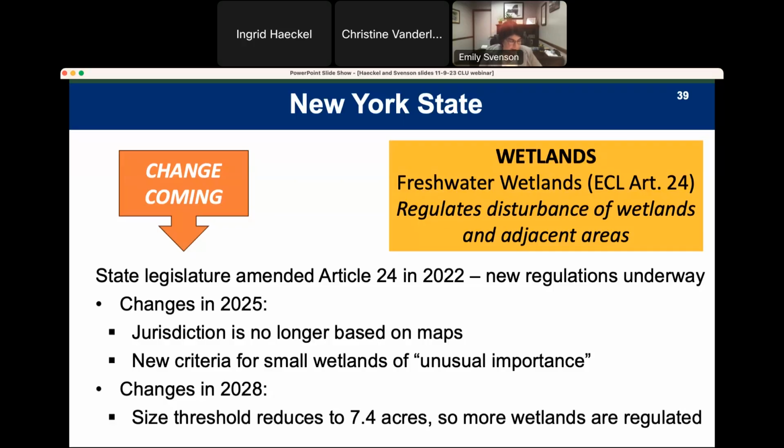In fact, they're going to be putting effort into improving the available maps, and they will be taking input from local government and academia and such to improve those maps as a predictive tool for where wetlands are likely to be. They just won't be the decision-making factor on what's jurisdictional.